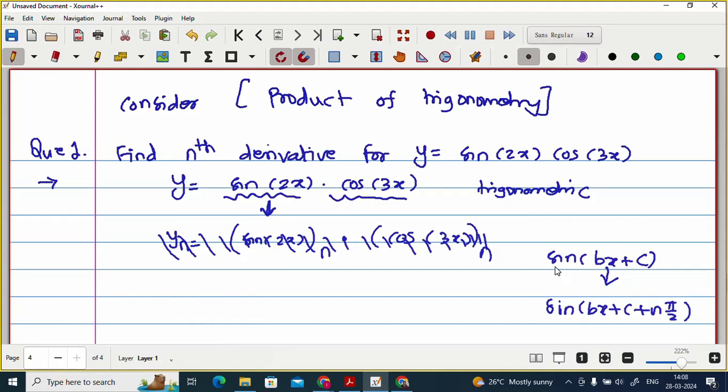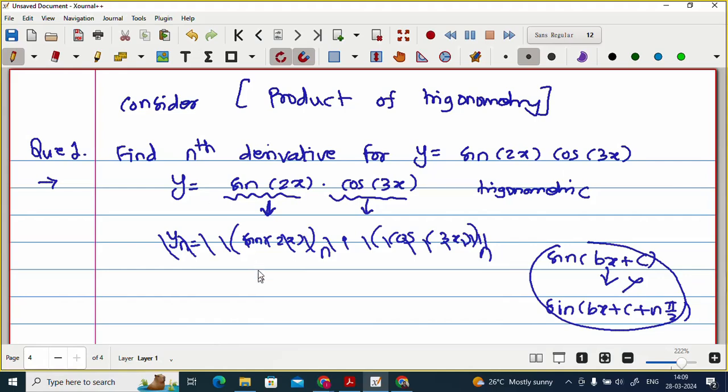If we have cos of bx plus c, its nth derivative is cos of bx plus c plus n pi by 2. But the problem here is that it is not only sin or only cos. It is a product of sin and cos. So we cannot apply this formula directly.